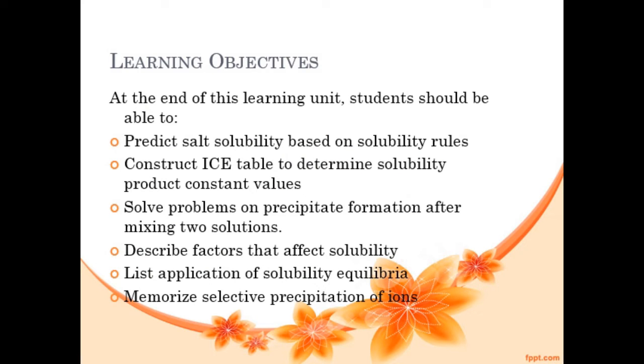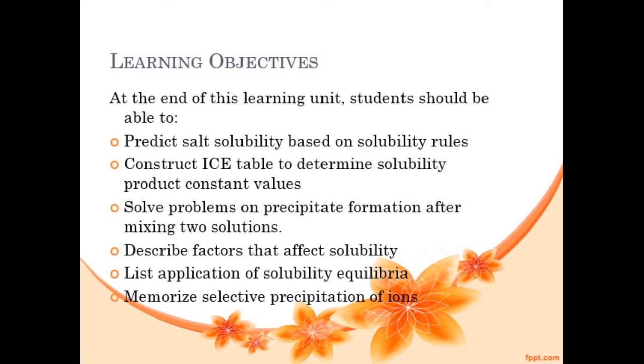So these are the learning objectives that each and every one must be able to do. You should be able to predict salt solubility based on the solubility rules. Okay, so what types of salt are soluble, what types of salt are insoluble. Secondly is constructing an ICE table to determine the solubility product constant value.